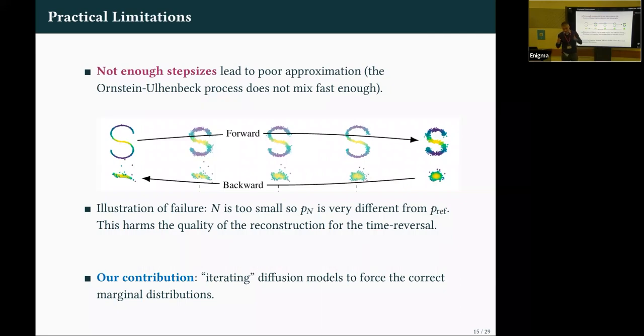But because you have to do that progressively, you have to simulate a discretized reverse time SDE over a long time horizon. So it's complicated because each time you need a new sample, you need to simulate this long SDE. So it's a bit expensive.